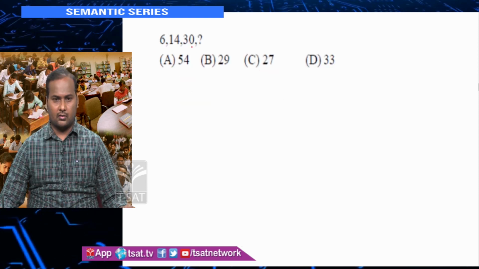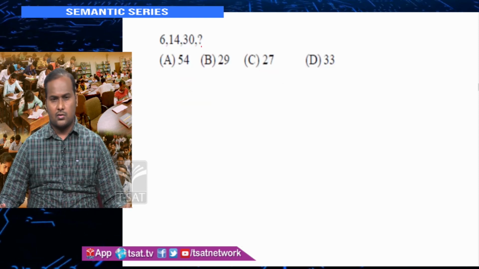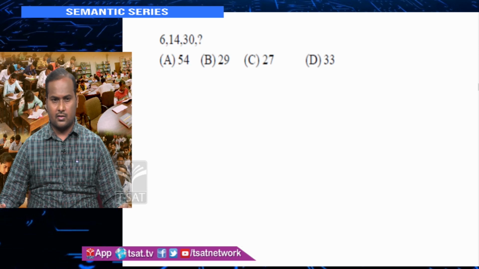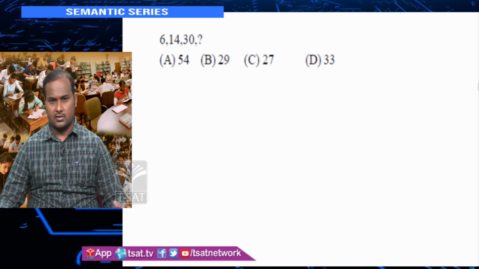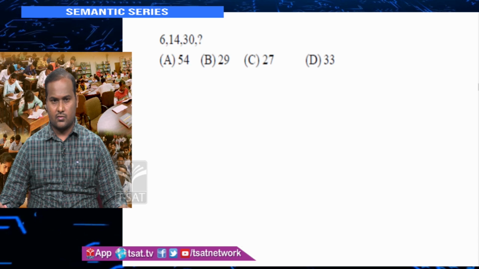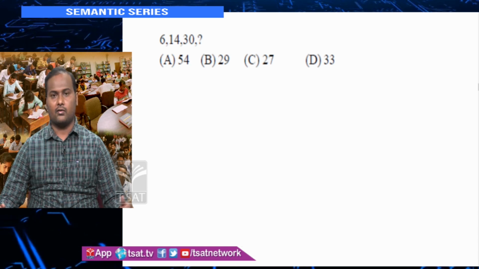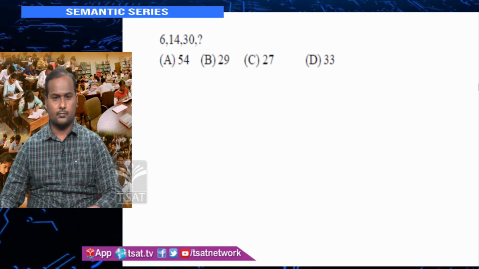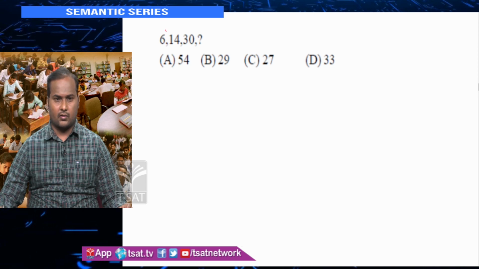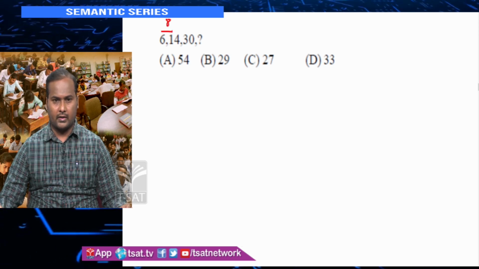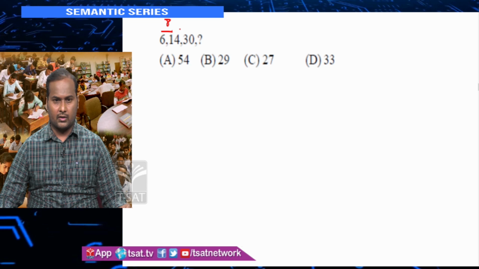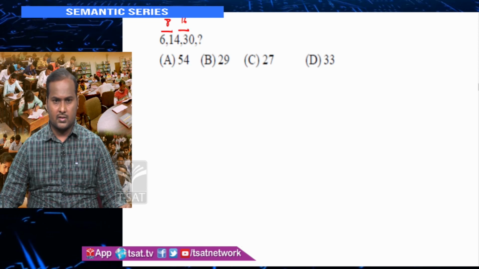6, 14 and 30 and next one. Whenever I see this particular series, generally 6 to 30 after 3 steps, I don't see much increase. So obviously I will take the difference and check. Here, 6 to 14, the difference is simply 8. Here also 14 to 30, the difference is simply 16.